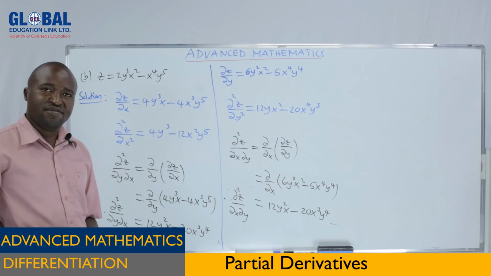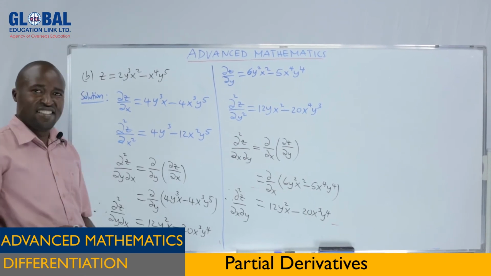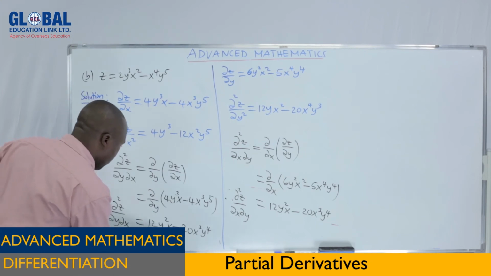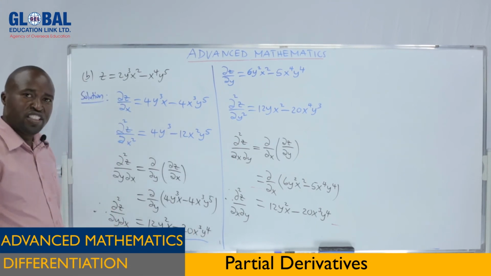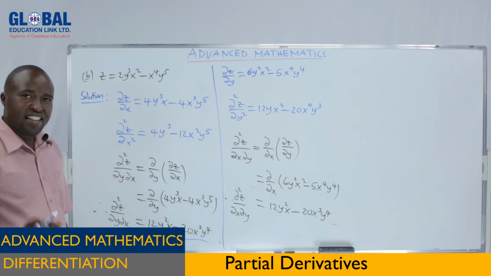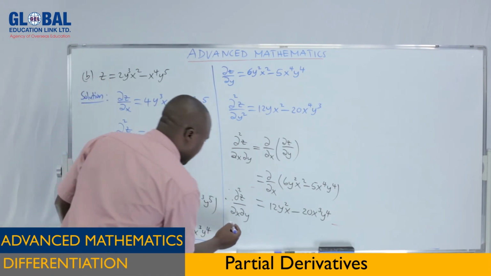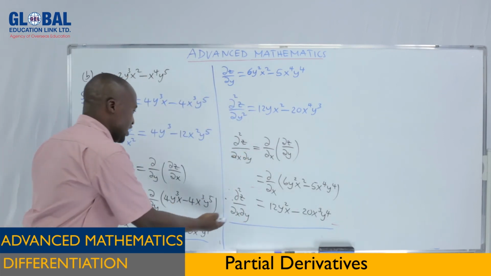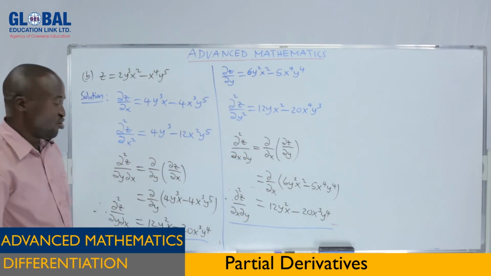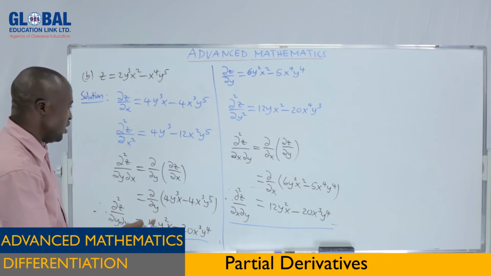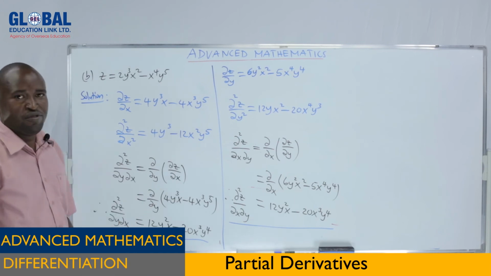So of course this is the same as second order partial derivative of z with respect to x and y. So dear students, now you can compare the answers. The answers are the same. For the case of second order partial derivative of z with respect to y and x, the answer is the same as the second order partial derivative of z with respect to x and y. And the answer is 12y squared x minus 20x cubed y power 4.